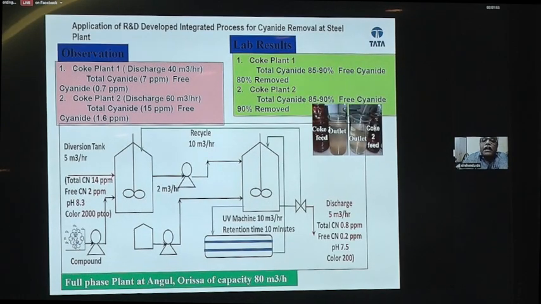So we have done a pilot scale study at the Tata Steel plant in Jamshedpur, and it came out very successful. The discharge concentration is less than 0.2 ppm of cyanide from the 10 to 20 ppm cyanide in the feed.